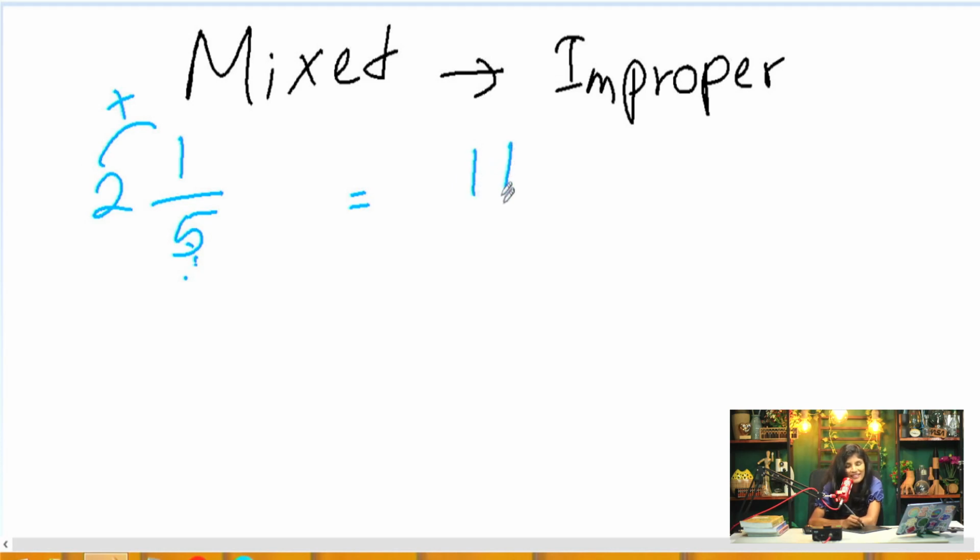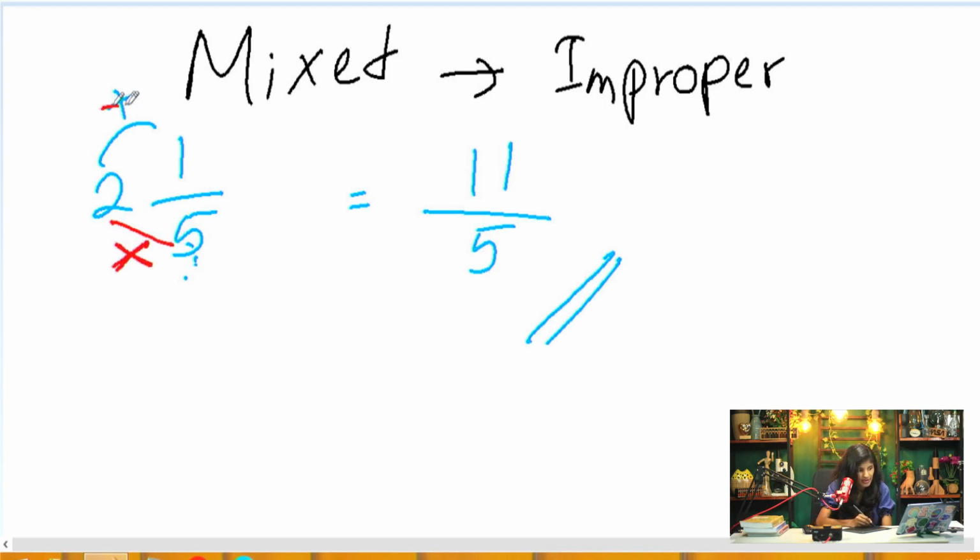So that is the answer for the numerator. And the denominator is the same as before. That's it. We multiply these two and add the answer to the numerator. Let's do another example.